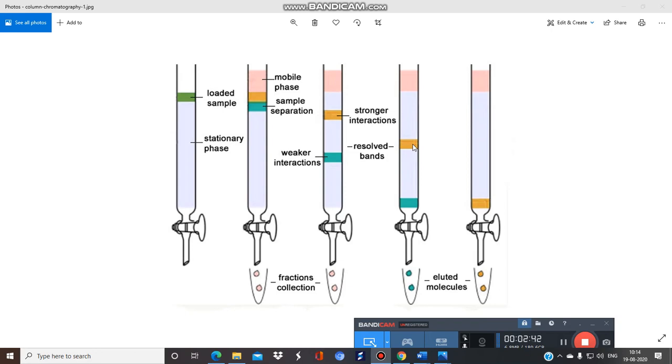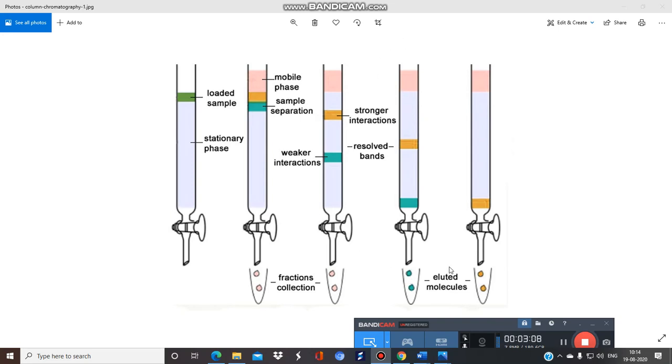Whereas these compounds have stronger interaction with the stationary phase, that's why they will elute later. The first fraction is your green compound and the second is your yellow compound. So the green compound is slightly non-polar in comparison to the yellow compound. Why? Because we are using a non-polar mobile phase.